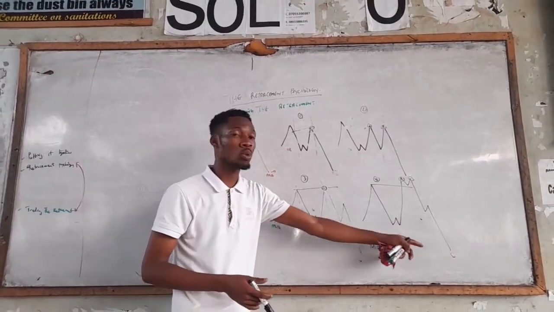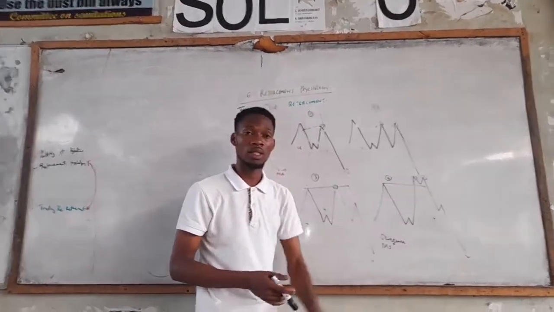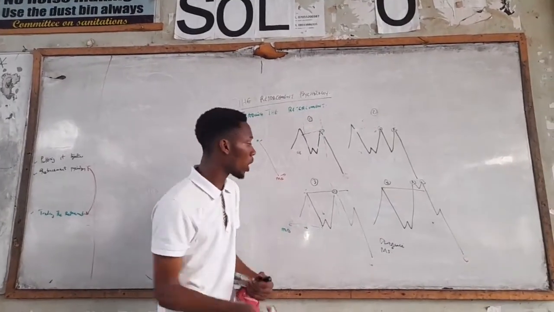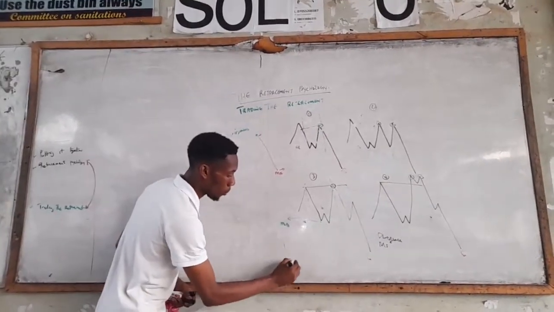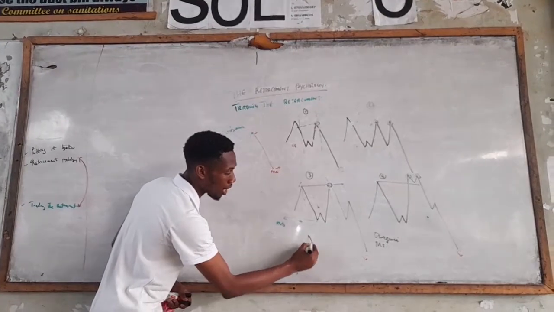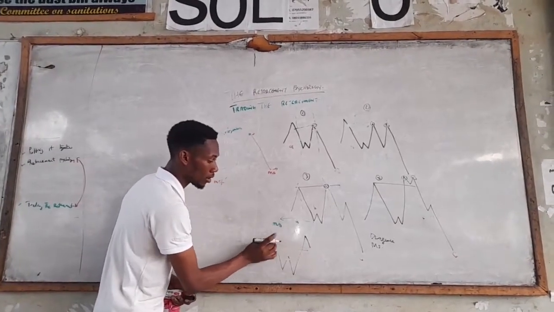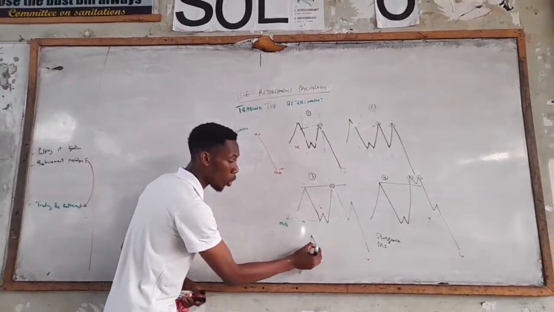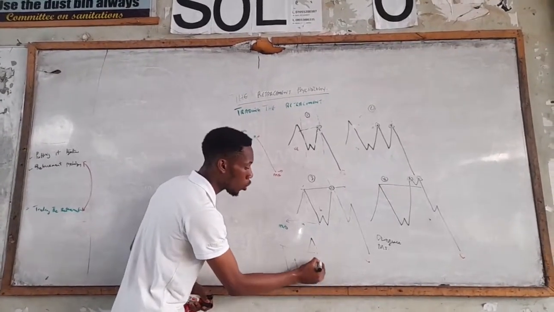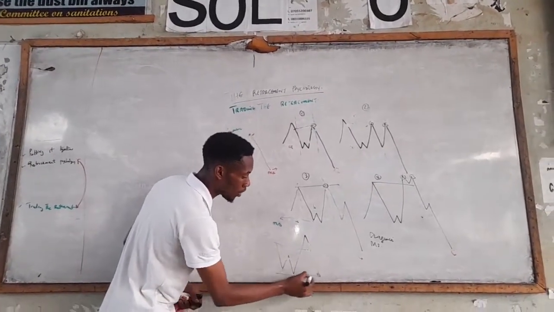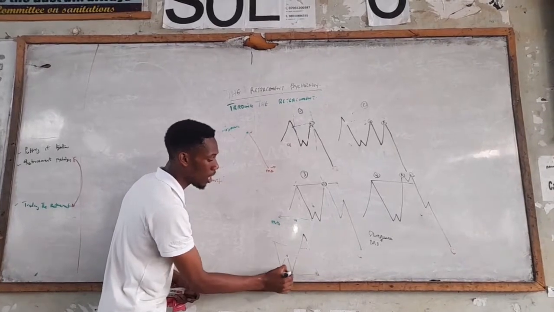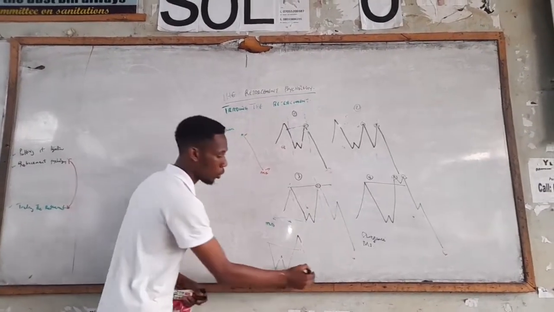They won't even come down to touch your targets. Instead, they will go up, form this, then come back, range above your top for so many days or weeks, depending on your time frame. Then they will go back to touch your moving average, which might at that point be the same level as level B. Then they will continue their trend.